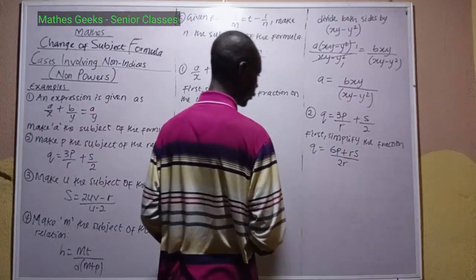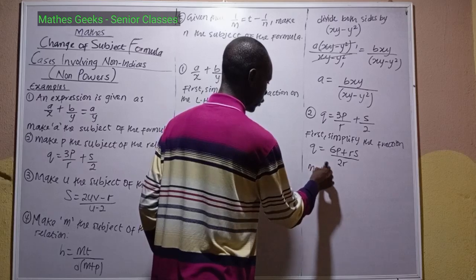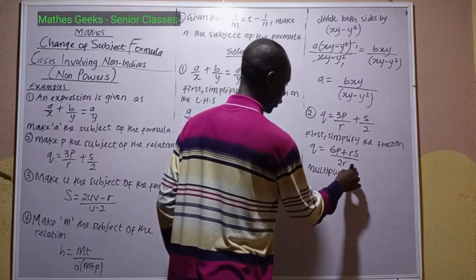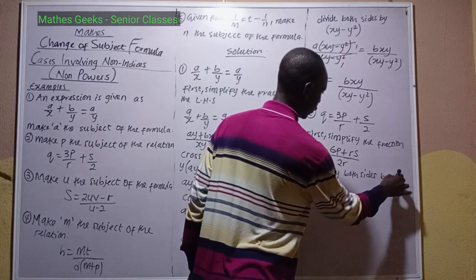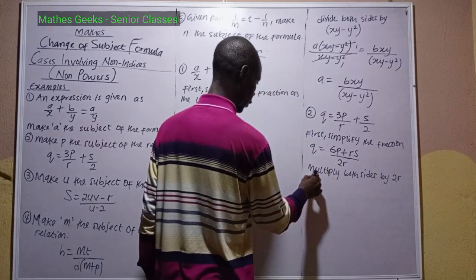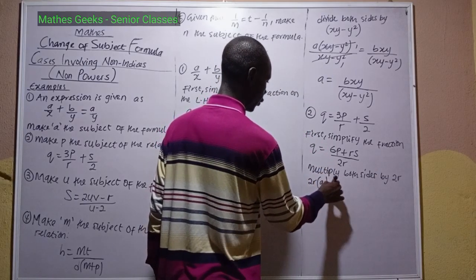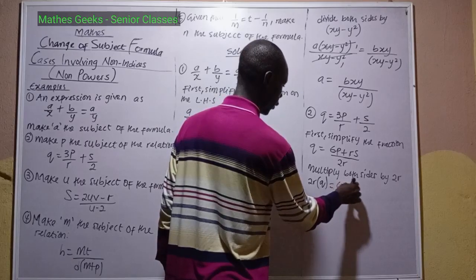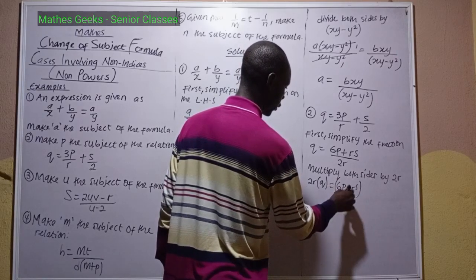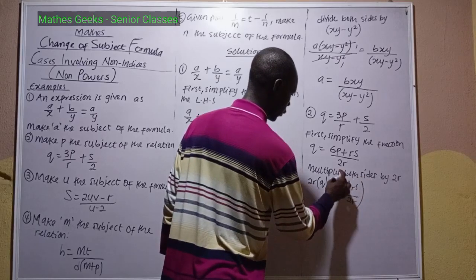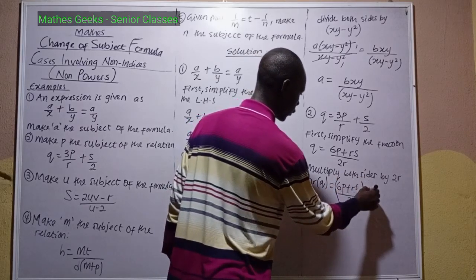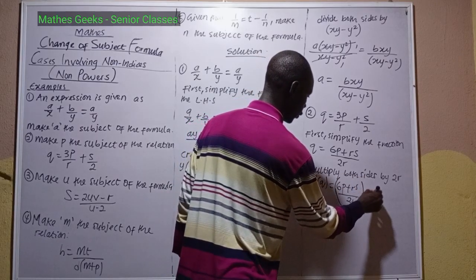So next is multiply both sides by 2R. So Q times 2R is 6P plus RS over 2R times 2R.